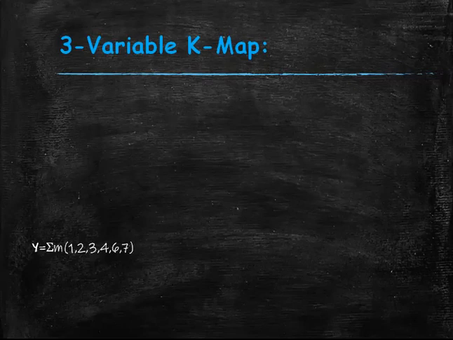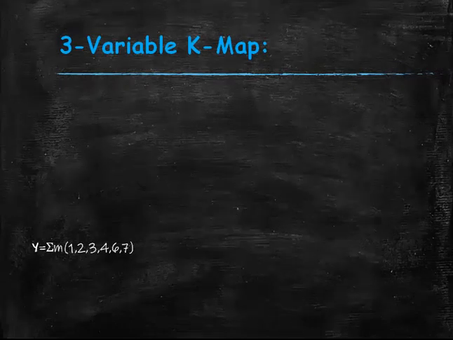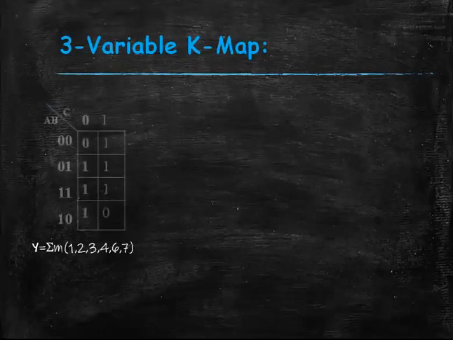When we only get the SOP form, you have to be capable of drawing the truth table and K-map from this one.